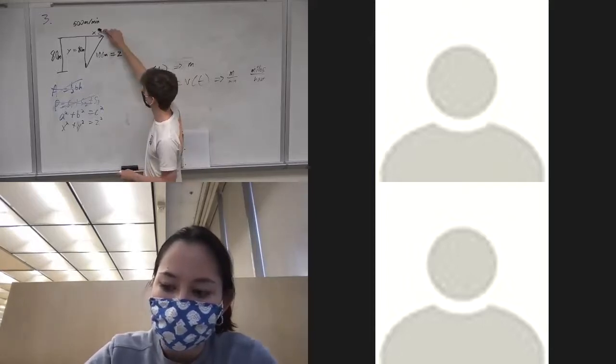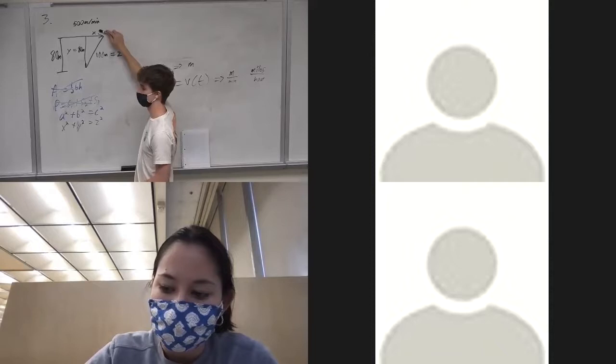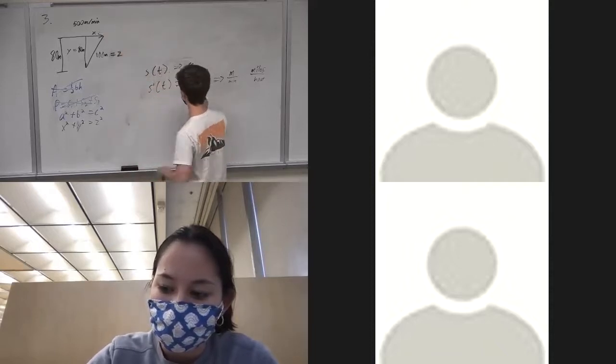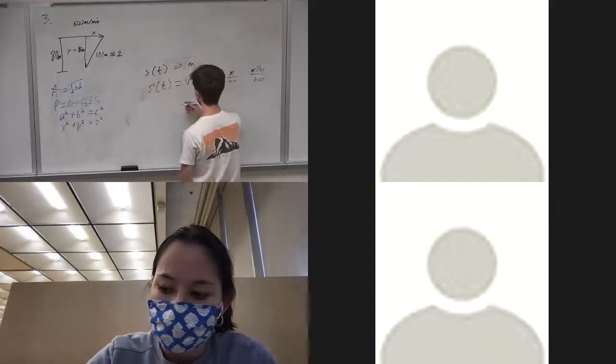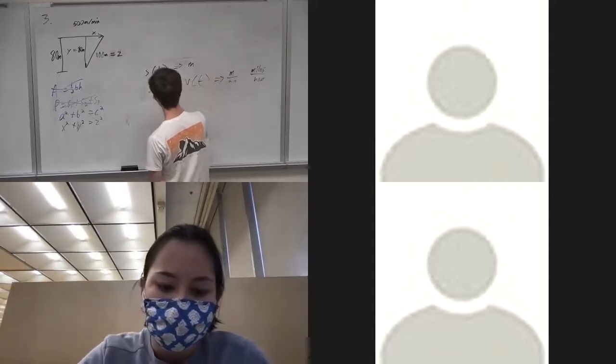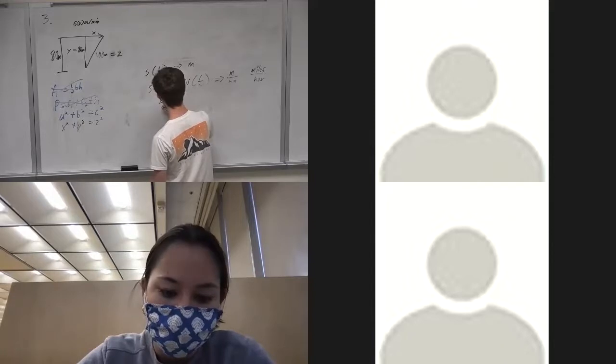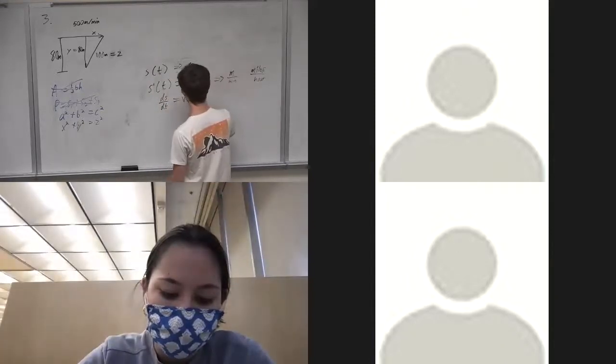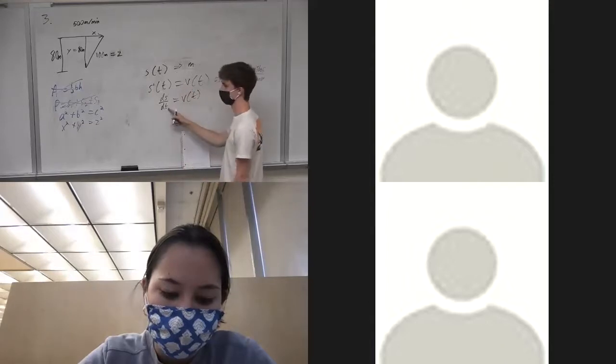We've been given how fast x is changing, yeah? So if we have s, you can also write the derivative of s of t as ds over dt, right? Does this show you anything? Does this make you remember anything?